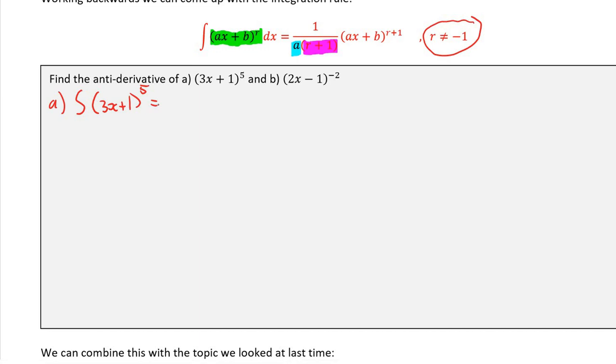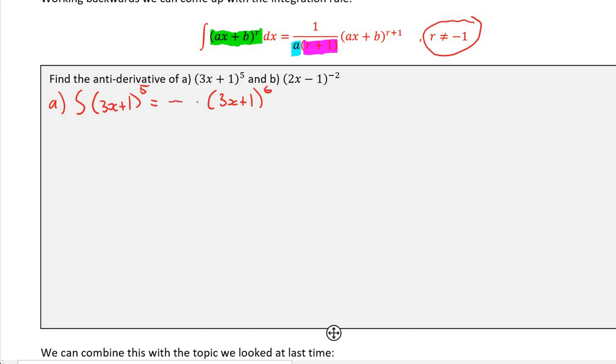If we look at our rule, the rule's a bit complicated. It's got that 1 over at the front. But if we look at the ax plus b part, it doesn't actually change. The power changes, it goes up by 1. So let's do that bit first. So we're going to have 3x plus 1 still in our brackets, and it's going to be to the power of 6.